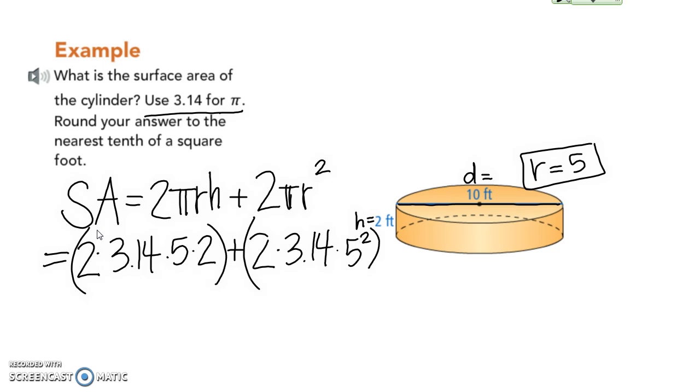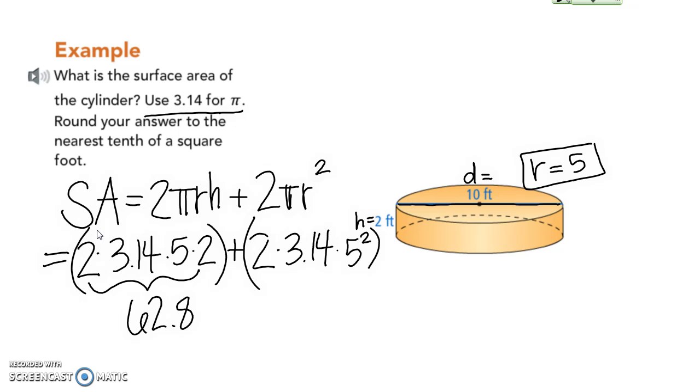Boom. Okay. Grab your calculator. And here we go. 2 times 3.14 times 5 times 2, that gives me 62.8.